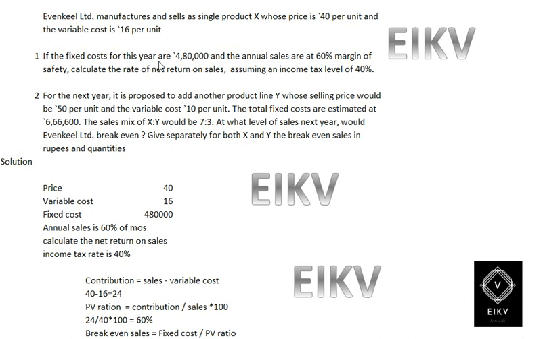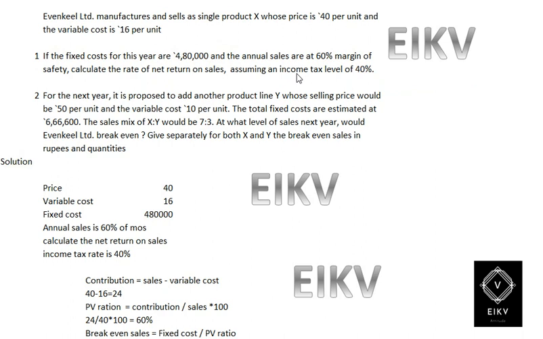The fixed cost for this year is 4,80,000 and the annual sales are at 60% of MOS, margin of safety. Calculate the net return on sales, assuming that the income tax is 40%.